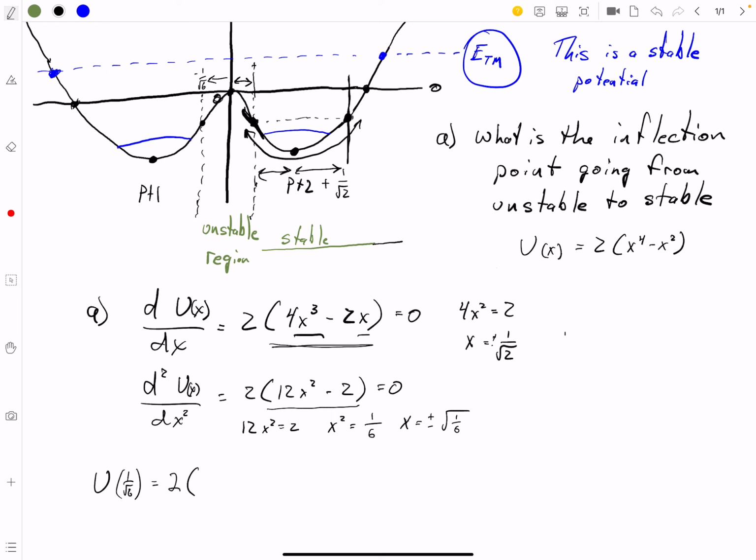So 1 times, 2 times, 3 times, 0.028, and then we're going to subtract 1 over square root of 6, and we're going to square that, and we're going to subtract off 0.167.